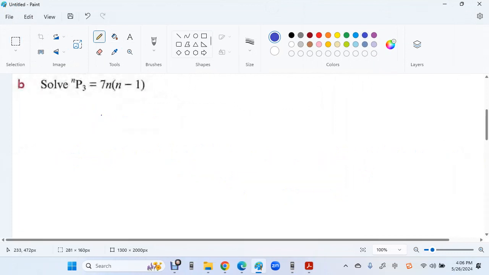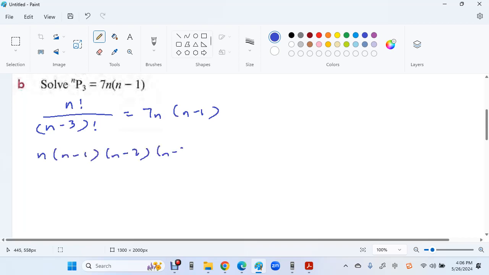B here we have n factorial over n minus 3 factorial equal to 7n, n minus 1. So n, n minus 1, n minus 2, n minus 3 factorial over the n minus 3 factorial is 7n, n minus 1.